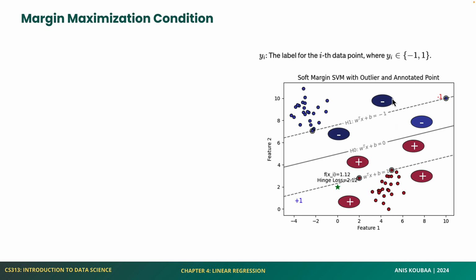No. So in order to be -1, it has to be below -1. And if it is +1, it has to be above +1. And I should not consider this one. So my condition, instead of being greater than 0, what should it be? Either greater than 1 or smaller than -1.